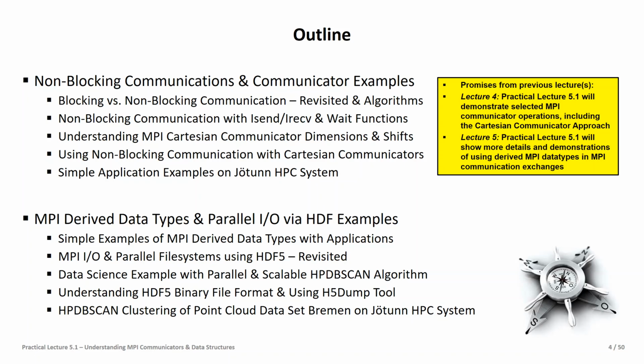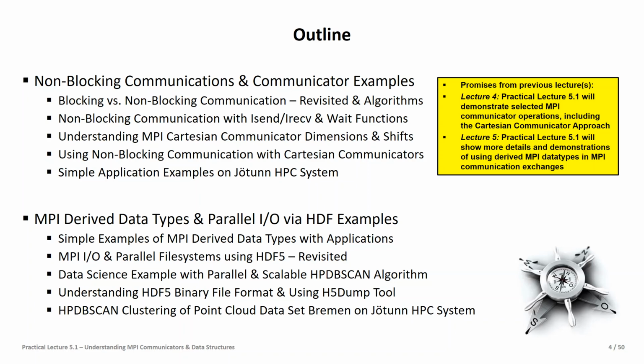And of course, especially with non-blocking communication and Cartesian communicators, it should be much easier to understand by having, let's say, real-time demos. Obviously, they are related to your assignment. So you will play around with these constructs a little bit and modify one of the examples I will give you. And of course, I give you some application examples on Newton for that.